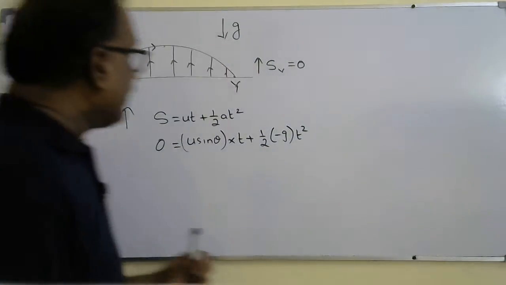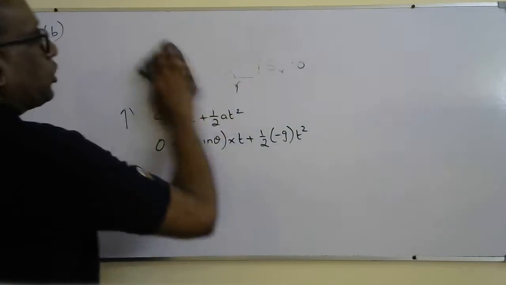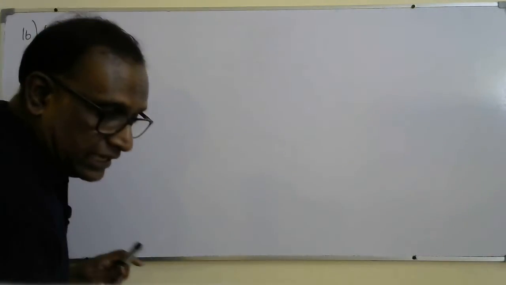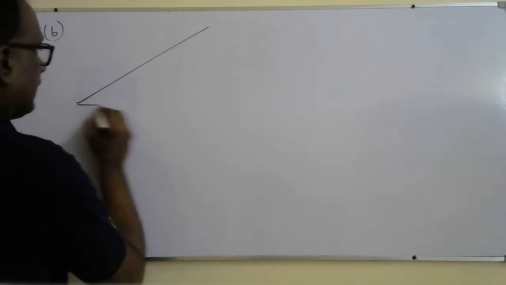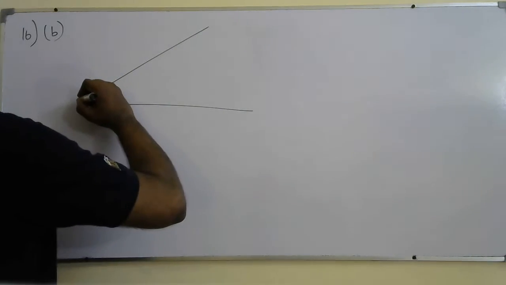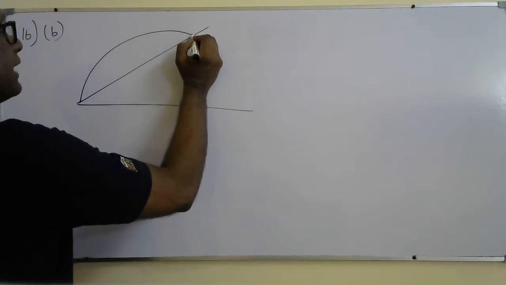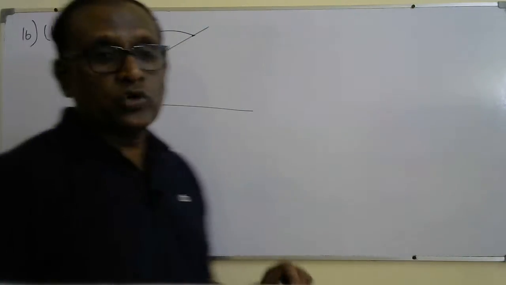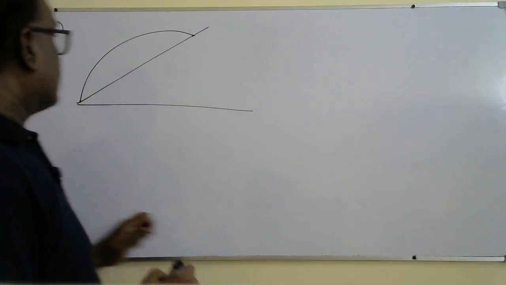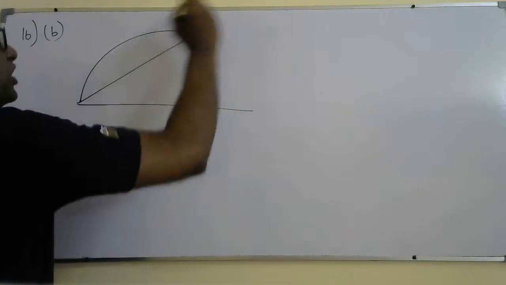Okay, the same way we consider the motion on a slope. What could be the displacement along the slope? When we consider this way, the projectile is moving from here to here, right? Here it's hitting. We don't know where it's hitting, but we'll take it as hitting the slope at that point. Now consider perpendicular to the slope.